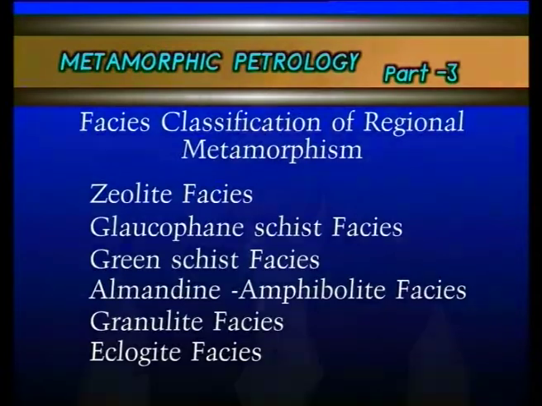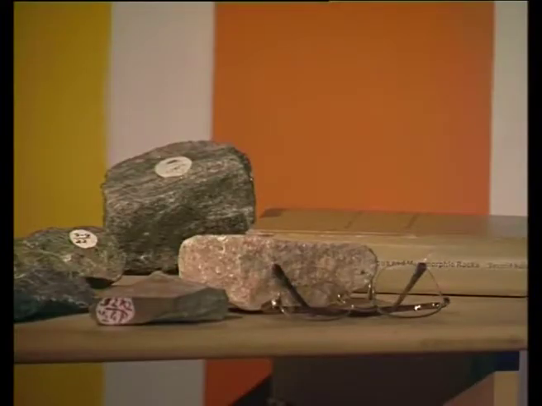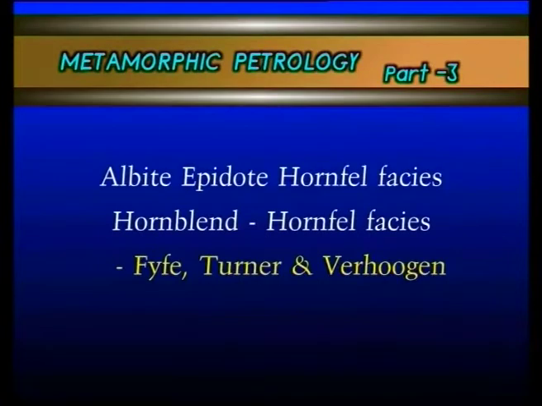Now see other differences also. Fyfe, Turner and Verhoogen recognized two facies, that is albite epidote hornfels facies and hornblende hornfels facies, as compared to these two facies.